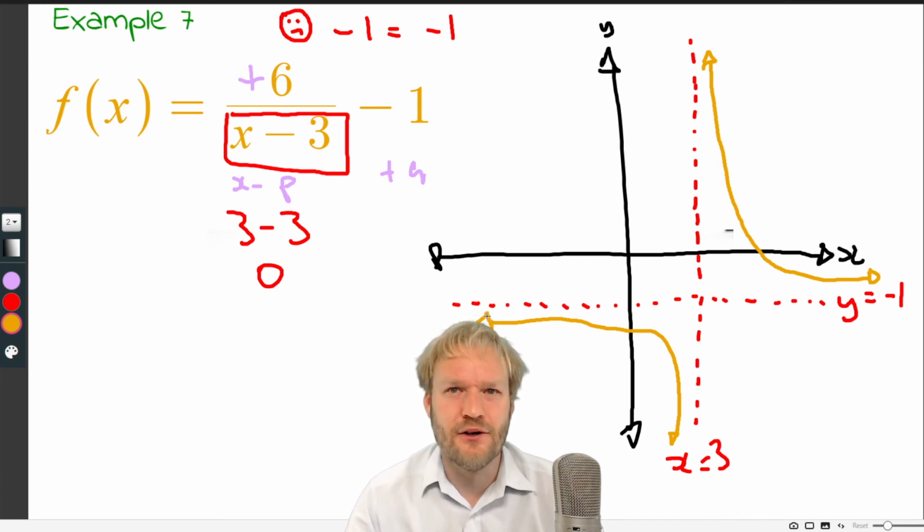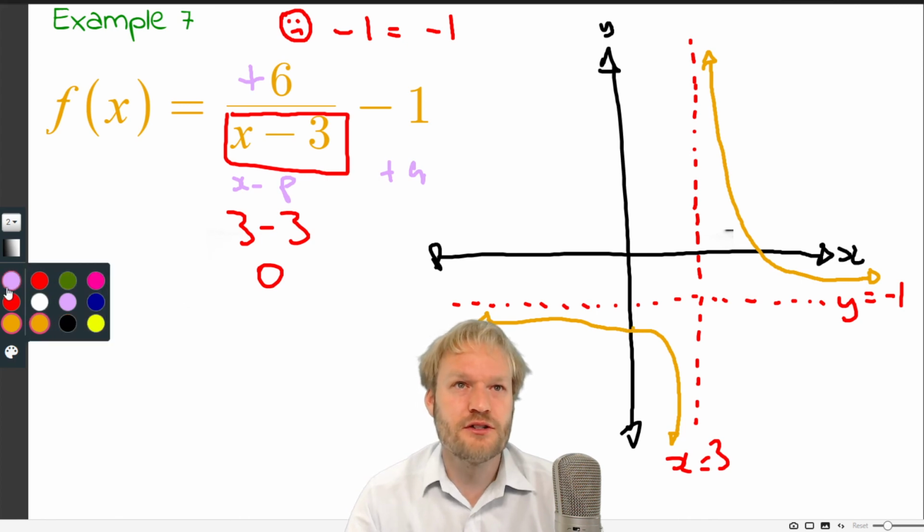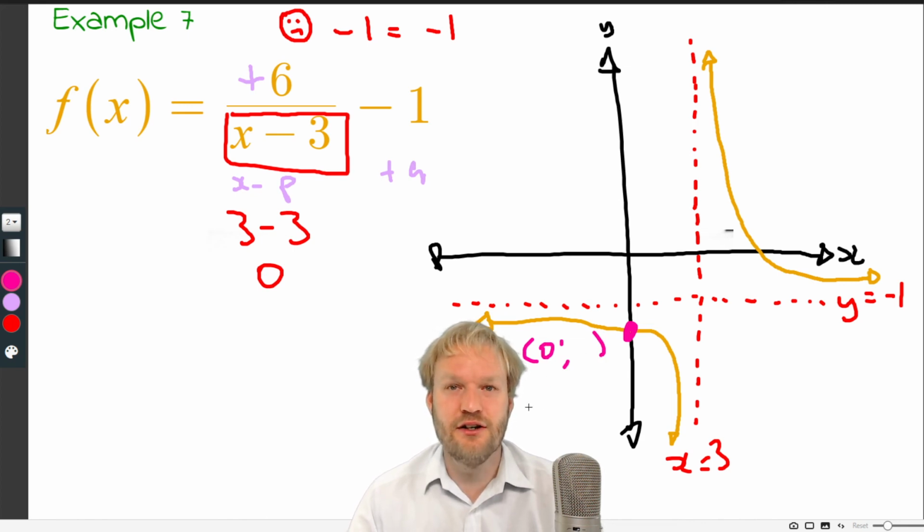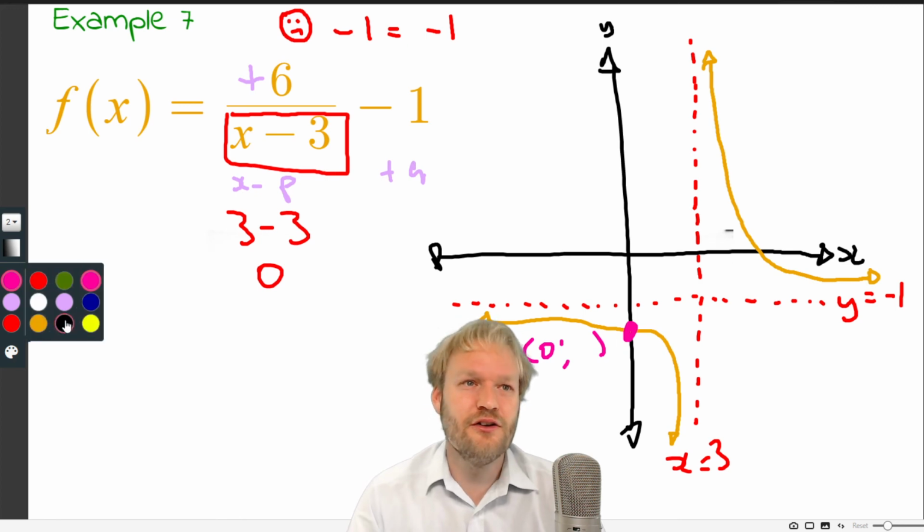Okay, now from this, what's cool is that we have got our intercepts. We've got this one here where we know x value is 0. How do we find the y value?